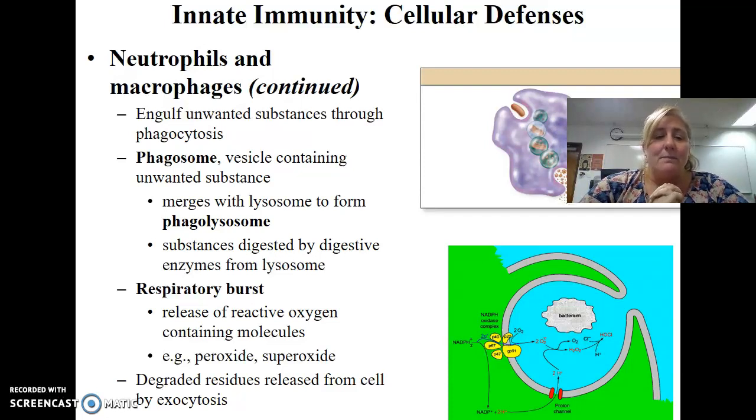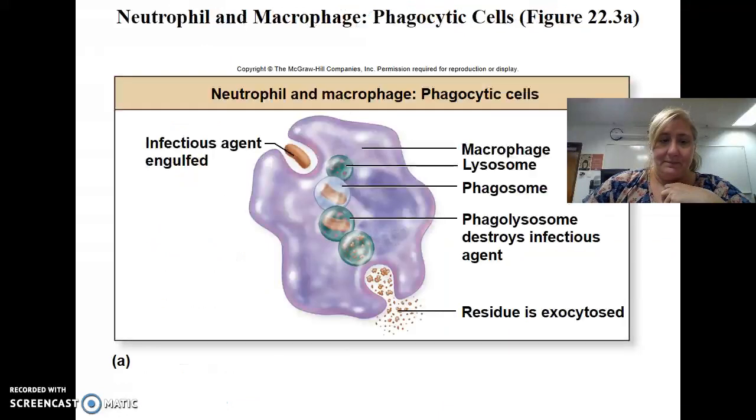That vesicle then will bind to either a lysosome or a peroxisome. And the enzymes in the lysosome or peroxisome are going to degrade the pathogen. And then the waste product can be released via exocytosis. And so here's another picture showing that same process, just a larger picture.